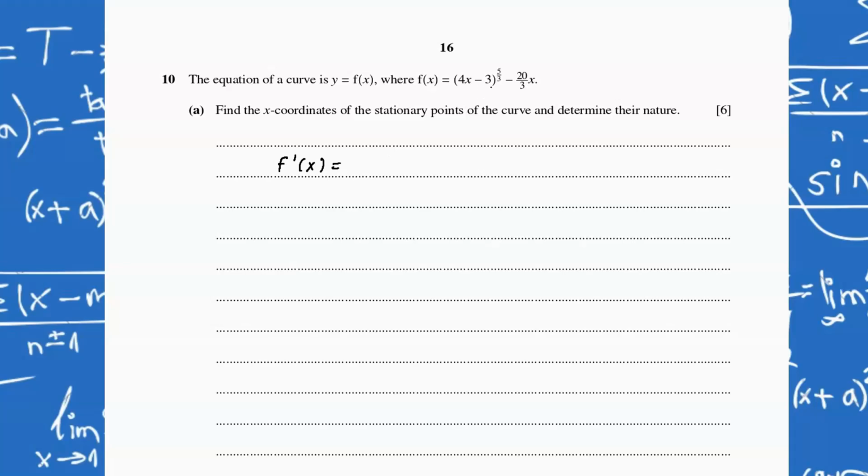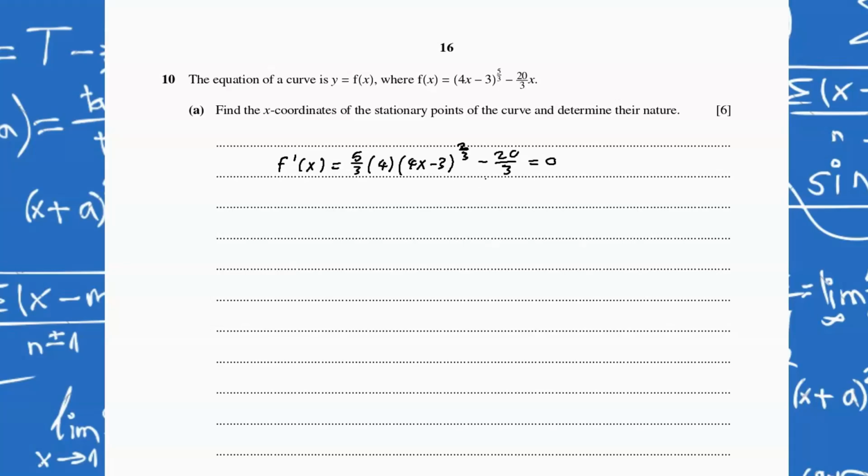So differentiating here, we'll be taking down the 5 over 3, then differentiating 4x minus 3, we get a 4. Then we have 4x minus 3 to the 5 over 3 minus 1, which becomes 2/3, and it's minus. Differentiating 20 over 3 of x is minus 20 over 3, and we equate this to 0.